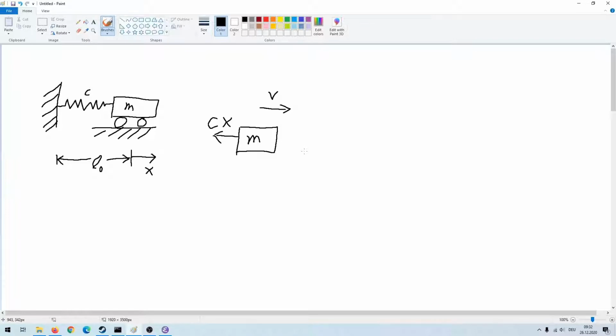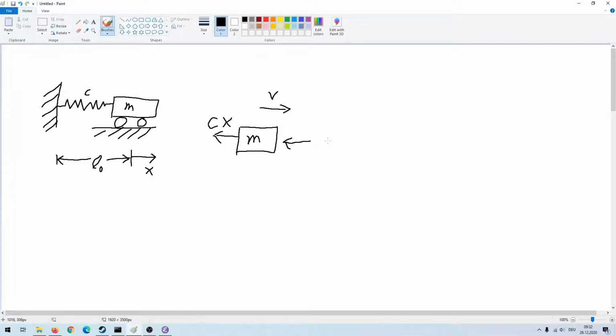Newton's second law states that a mass is going to move indefinitely in a direction unless a force is acting on it. So we have the inertia of the mass that we have to consider. And the inertia is, of course, in the opposite direction of the movement, or the velocity vector.